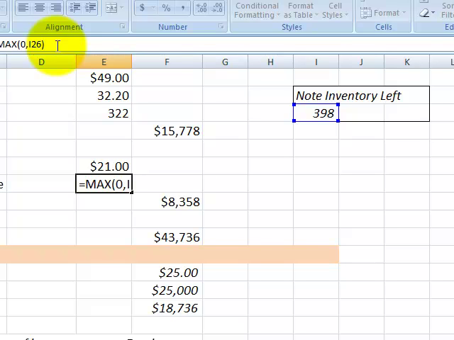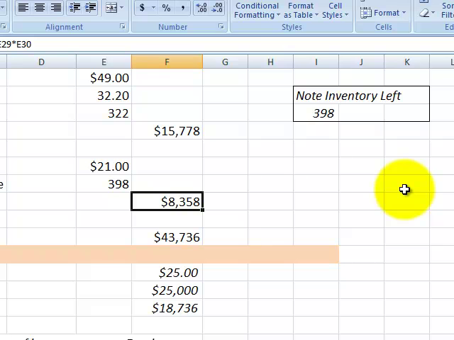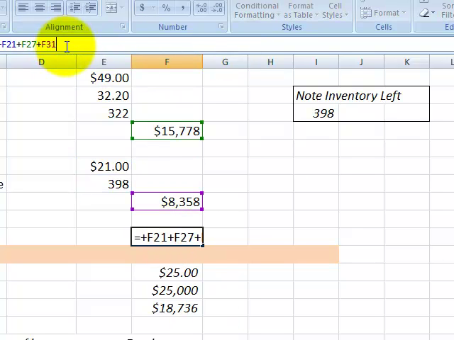Later on, we might change that assumption. For now, it's assuming that at the clearance price, everything will sell. Therefore, our clearance revenue is going to be our clearance price times the number of units we sold. And our total revenue is just going to be the sum of the revenue at full price, intermediate price, and clearance price.